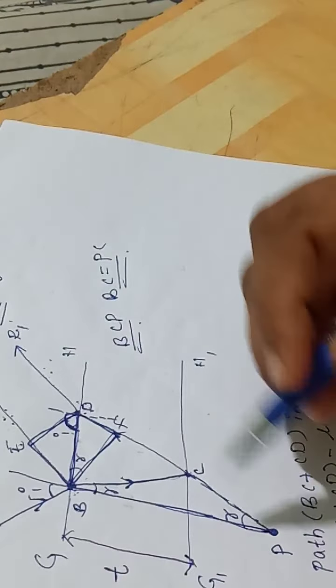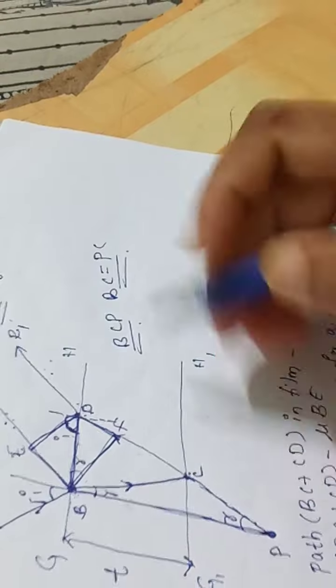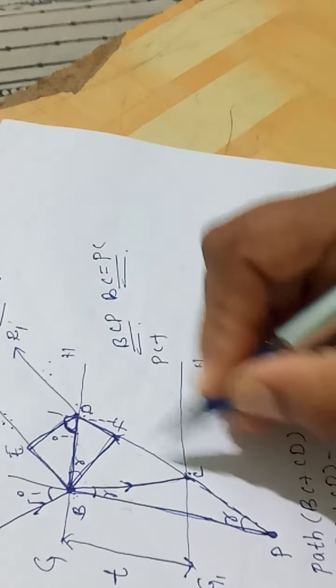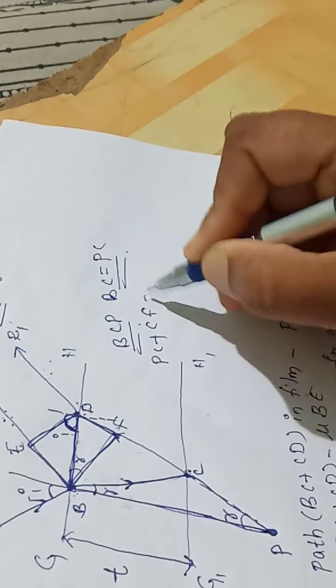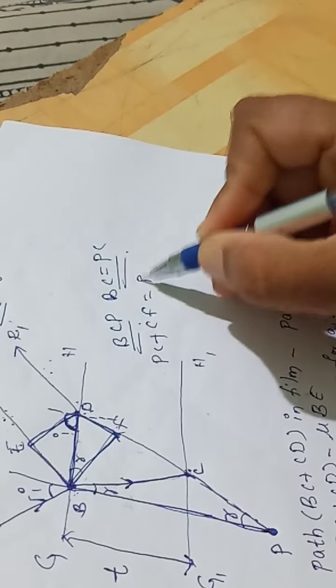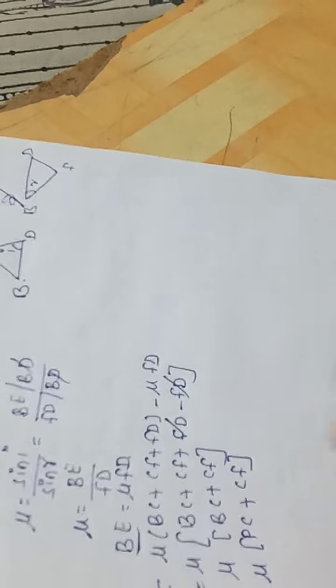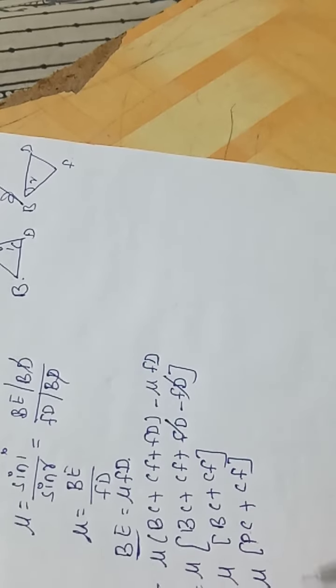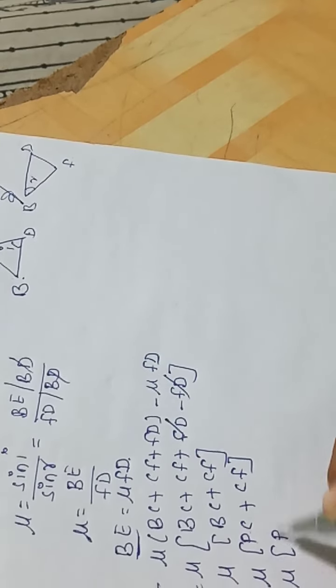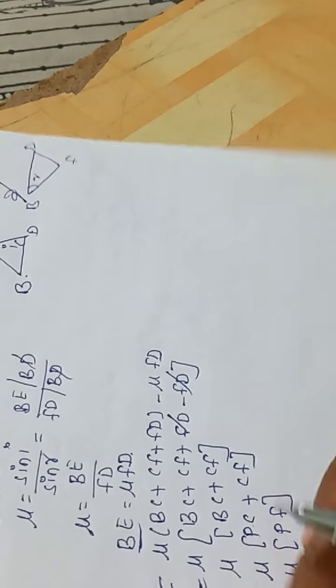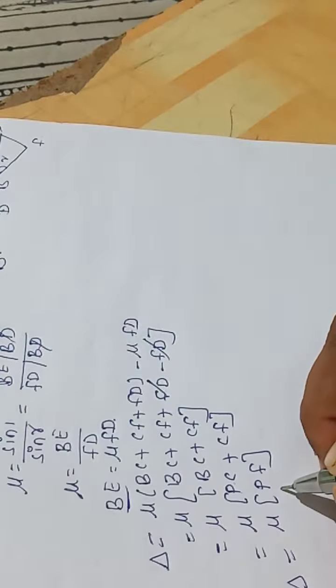PC plus CF can be written as PF. So delta equals mu PF. Now we want the value of PF.